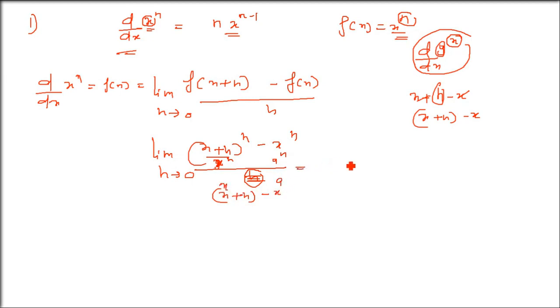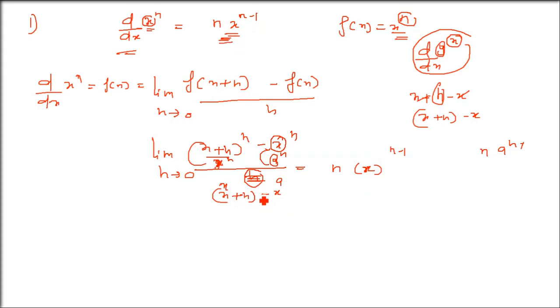So the same relationship is there. So what is the result? n a to the power n minus 1. As I said, x is a here. So n a to the power n minus 1, and in place of a, you are going to put x. So n x raised to the power n minus 1.